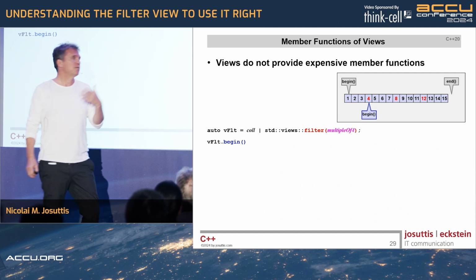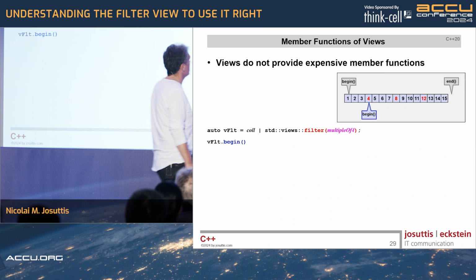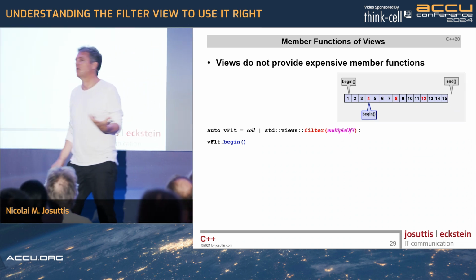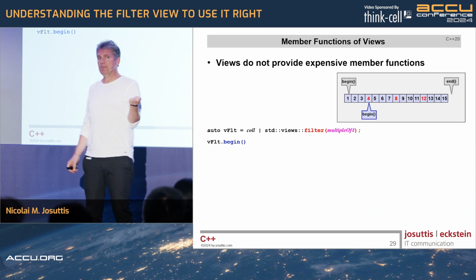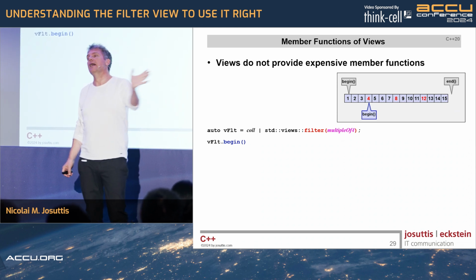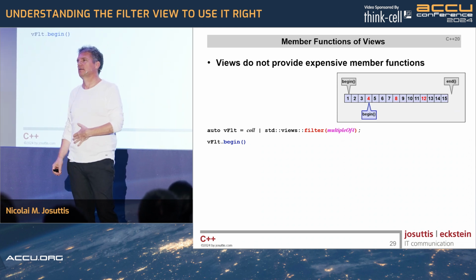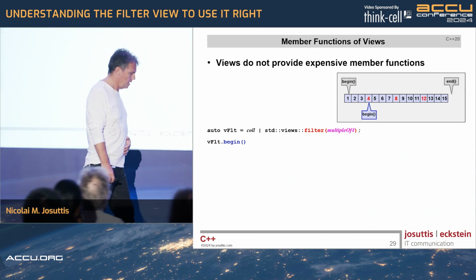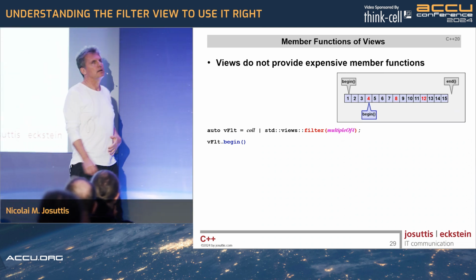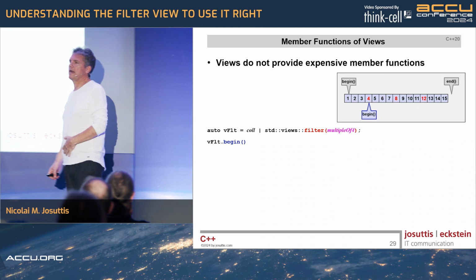Well, if 4 is only once, at runtime there, and you search for the 4, you filter only the element that has a value of 4, it could happen that begin has to go over all the elements until the end. And that means conceptually you have to say that begin has linear complexity.